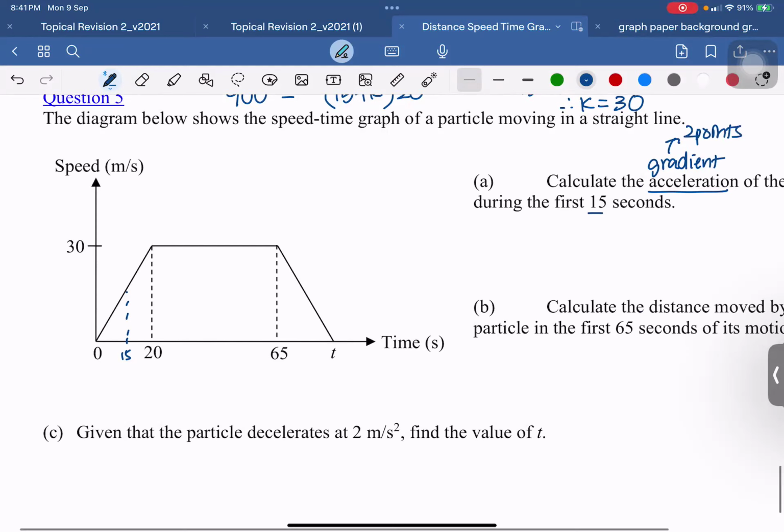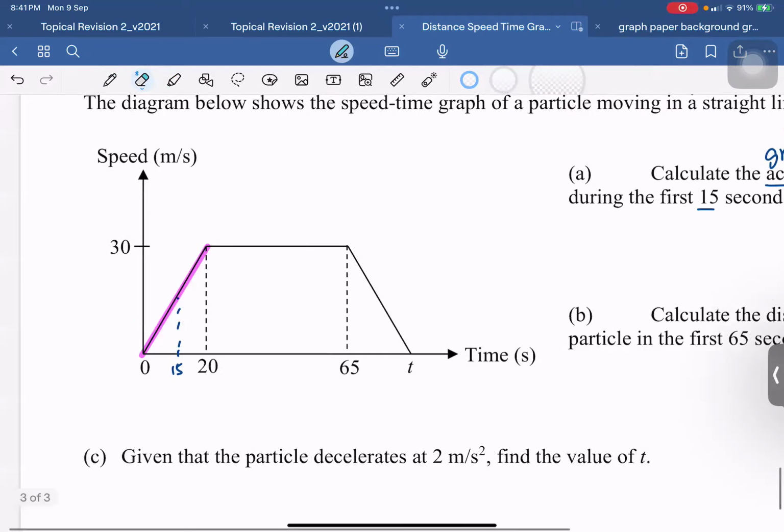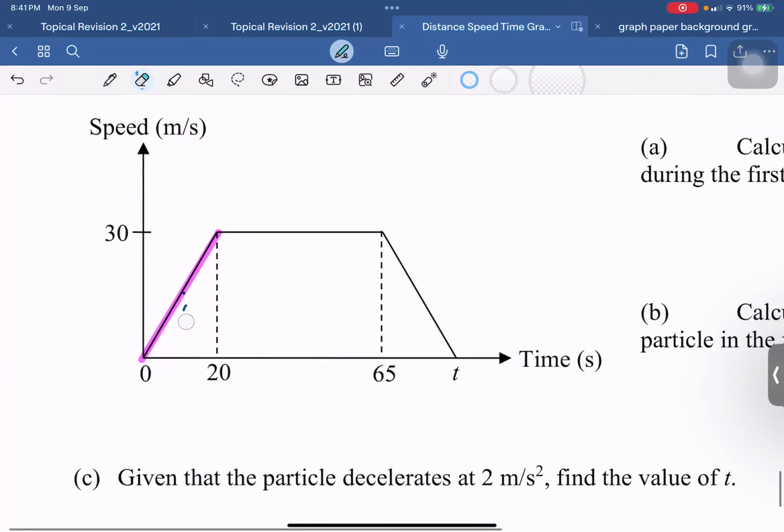So this point is on this line. Am I going to use the 15? Is the 15 useful? No. Then what points should we use? The top and the bottom. What is the number at the top here? 20, 30.